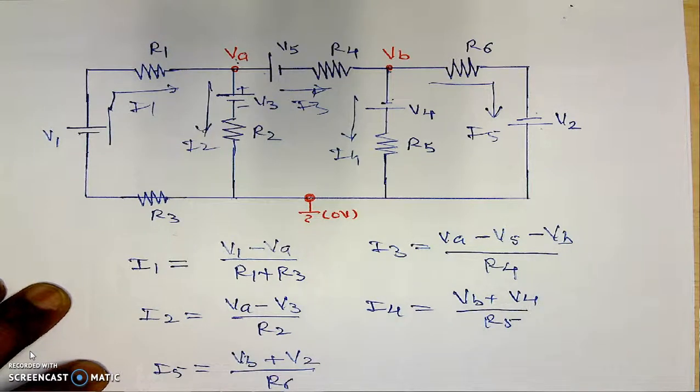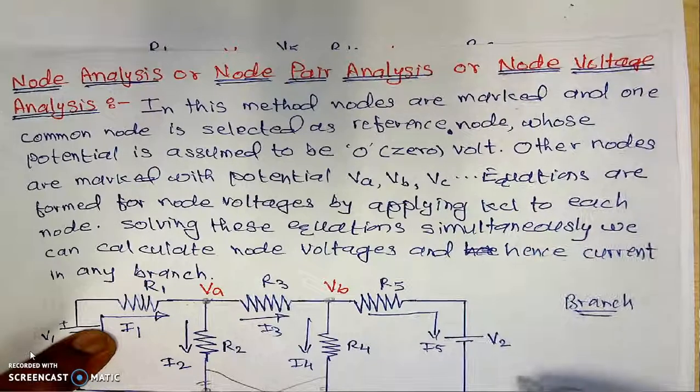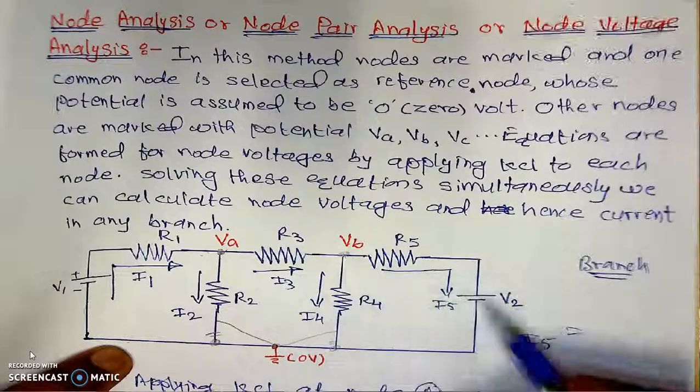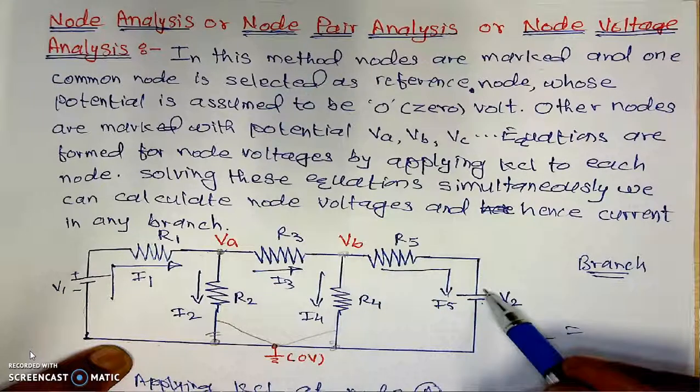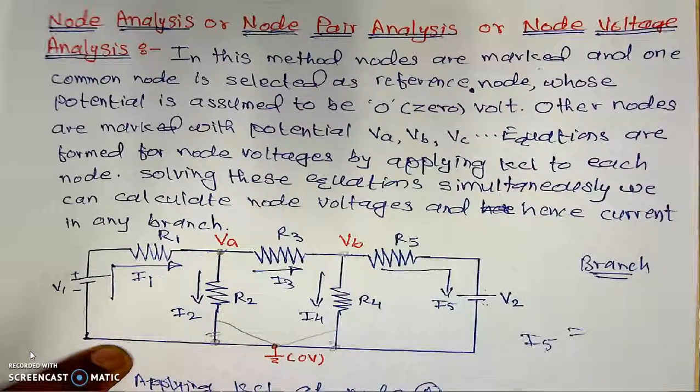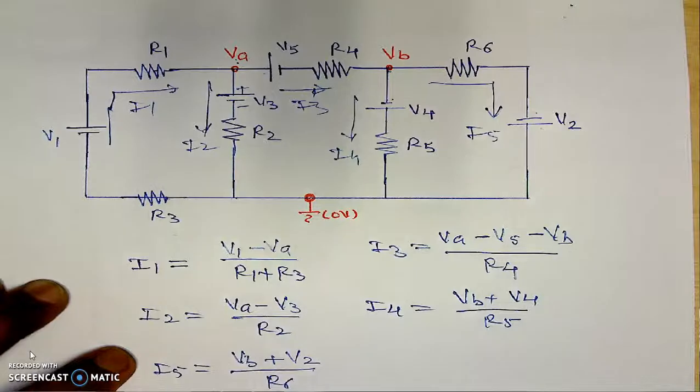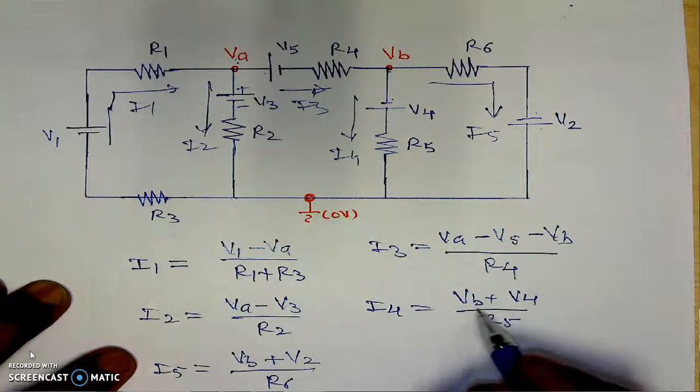In the previous example, I have not explained that concept. How will be the I5 here? I have taken this potential minus this potential. It is not like that. This potential, we are traveling from positive to negative. That's why its value will become minus in that particular case and plus in this particular case.